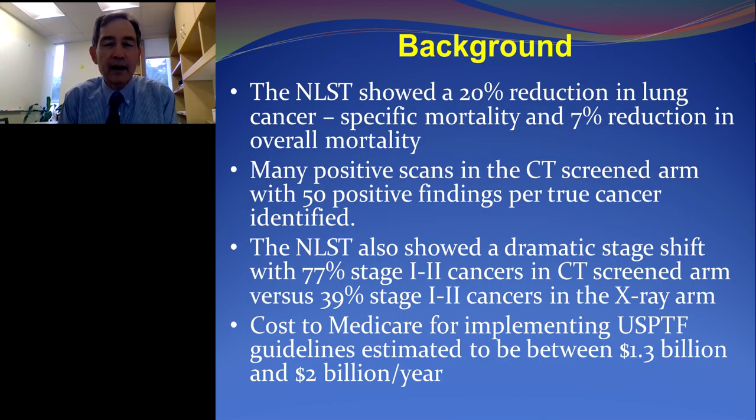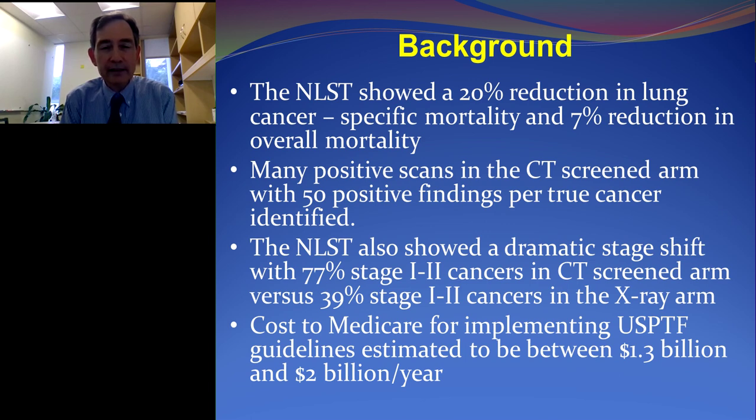One of the more recent findings was that this large trial, the National Lung Screening Trial, showed a 20% reduction in lung cancer among those individuals who had low-dose spiral CT, and overall mortality was 7% lower.